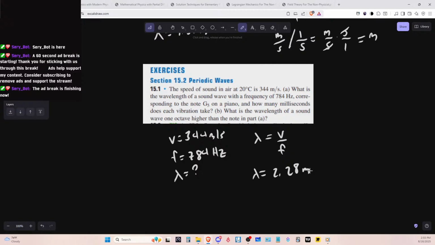Okay, so that solves that one. Now, how many milliseconds does each vibration take? So now we have to figure out the time.